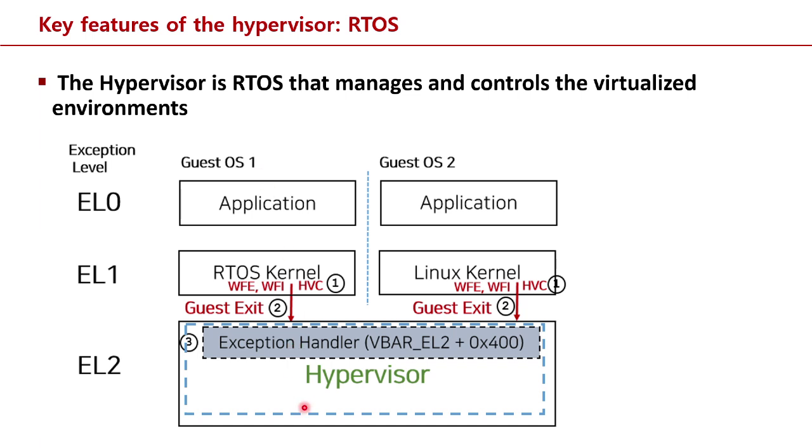Instead, the real-time operating system in the hypervisor may control the specific interrupt, and then pass the control to the specific guest OS after it has managed the particular interrupt. Those kinds of features are implemented using the real-time operating system. So this is the key component inside the hypervisor.